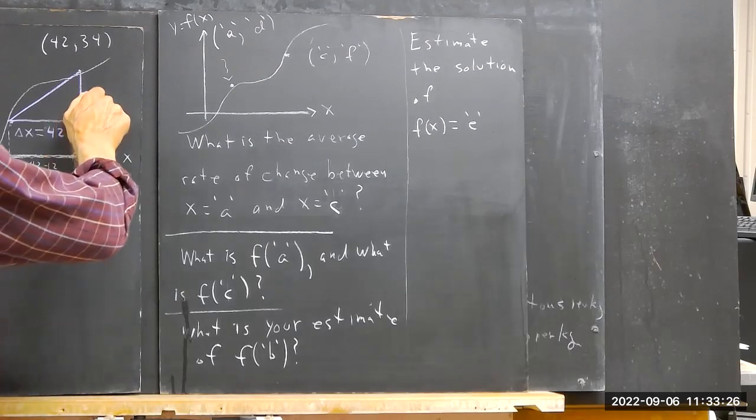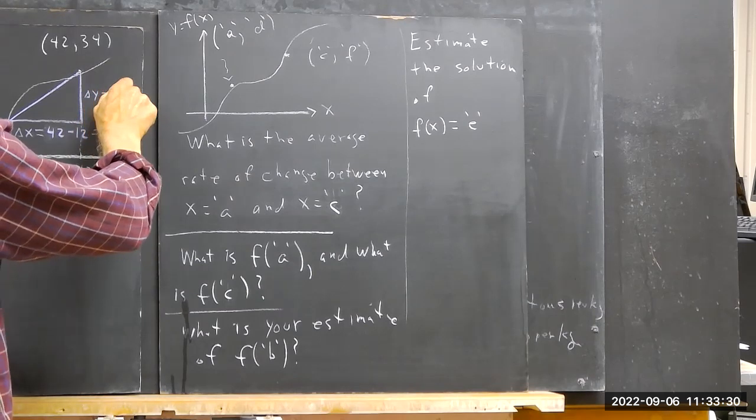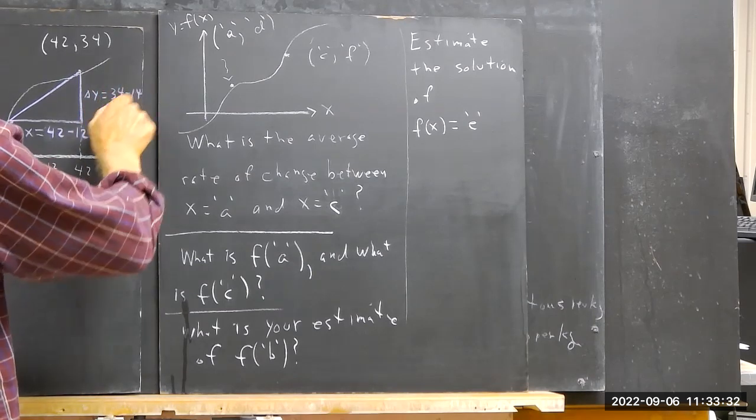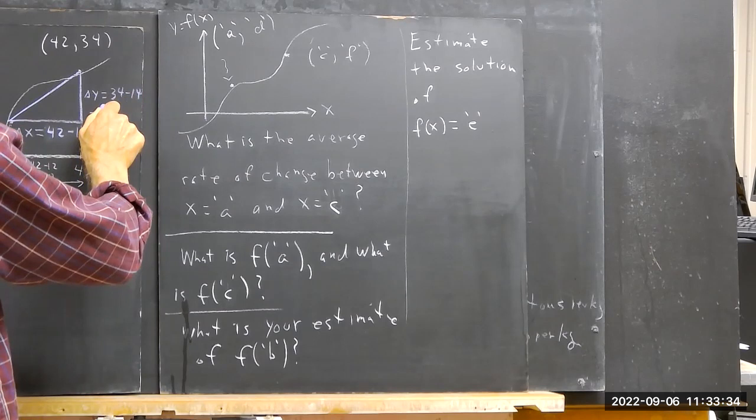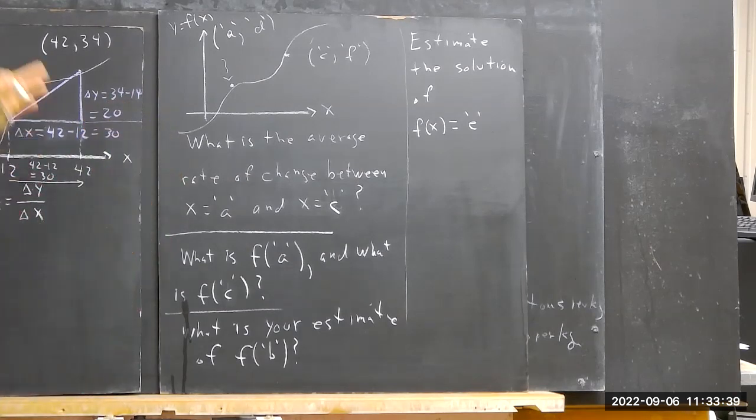Okay, so up here we have delta y. That's 34 minus 14, which is 20. Of course, I could do something over here. Here's 14. Here's 34. And from here up to here is 34 minus 14 equals 20.